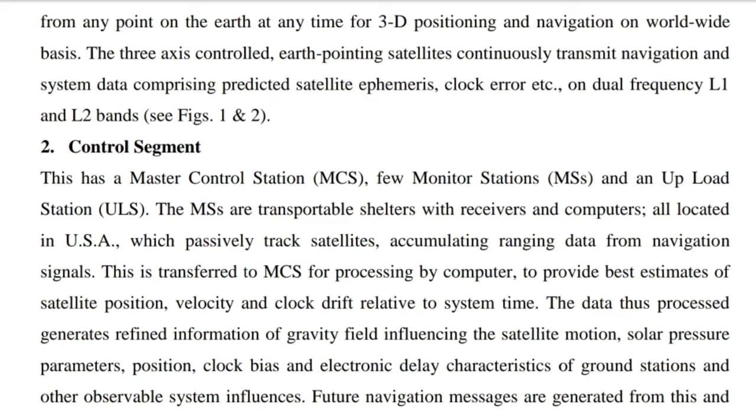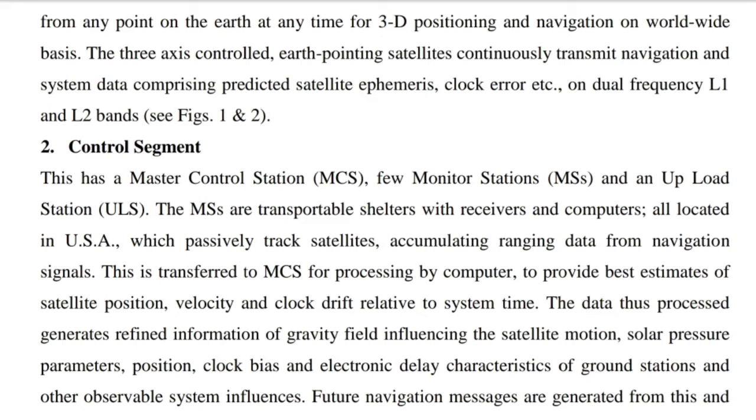This is transferred to the MCS for processing by computer to provide best estimates of satellite position, velocity and clock drift relative to system time. The data thus processed generates refined information of the gravity field influencing the satellite motion, solar pressure parameter, position, clock, and electronic delay characteristics of ground stations and other observable system influences.